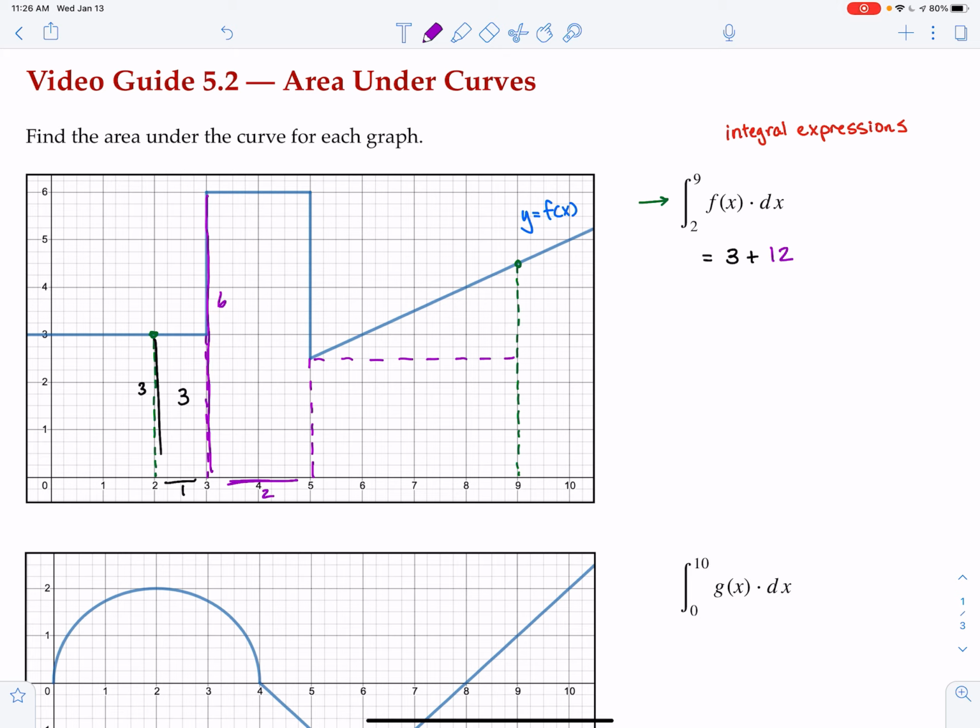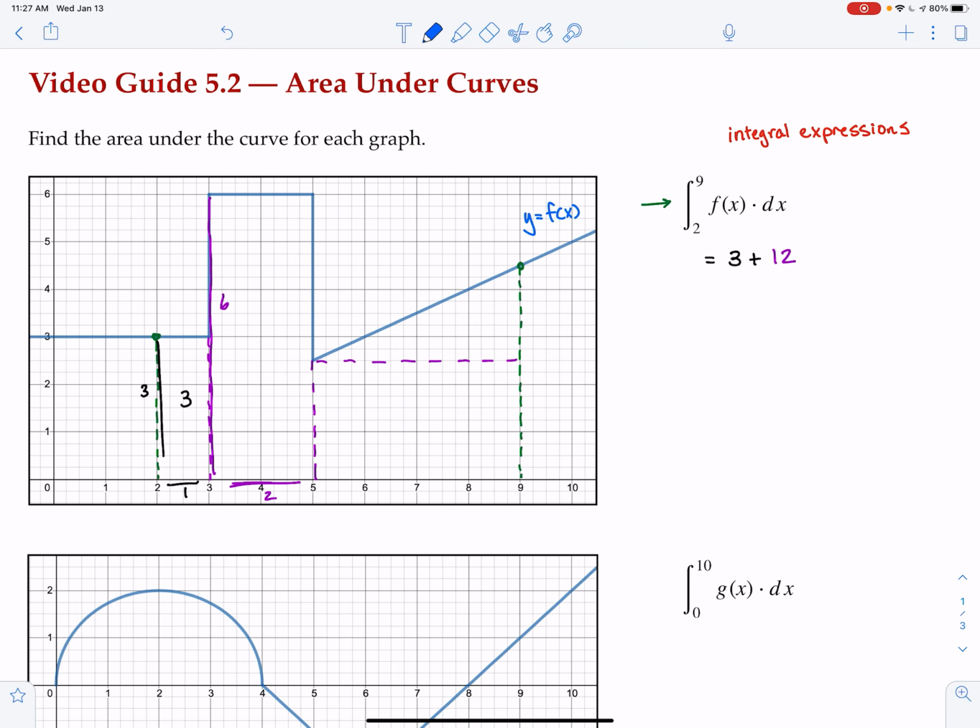Now, this second part, from x equals 5 to x equals 9, you could either treat the way I've done it as a rectangle and a triangle, or technically that's a trapezoid, so you could do it that way too. I'm going to do it the way I've broken it up here. So I have a rectangle with a base of 4, and a height of, it looks to be 2.5.